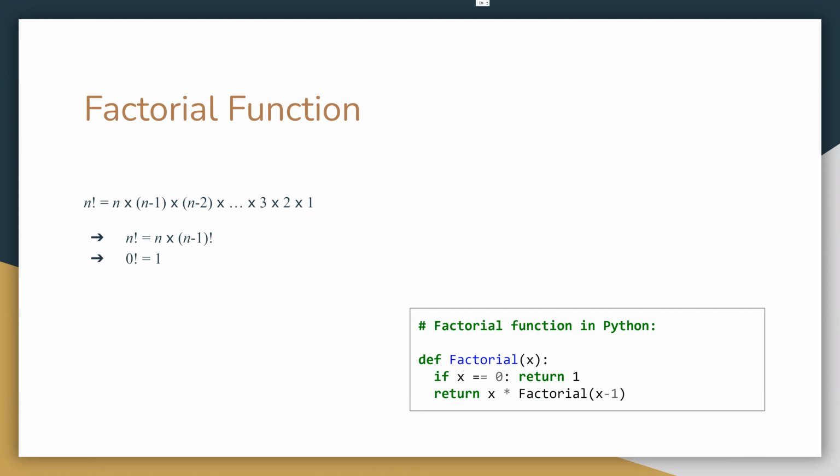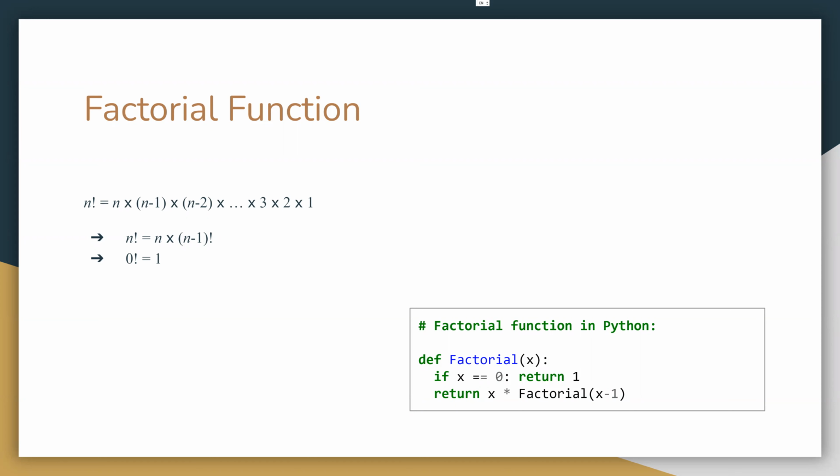The other example, which I guess everybody has probably learned, is factorial. Factorial is basically, if you have a number, the multiplication of that number and all the way down to 1. In this function, the factorial of 0 is 1, and then the factorial of n is n times the factorial of the previous number.